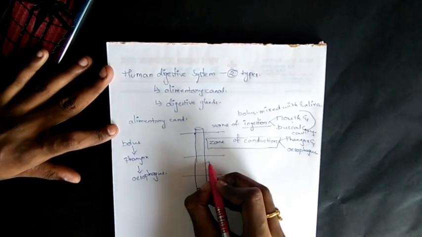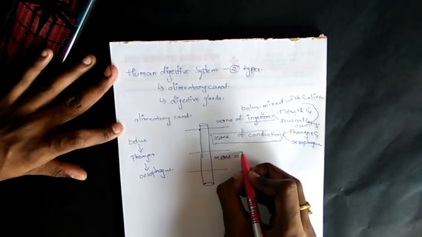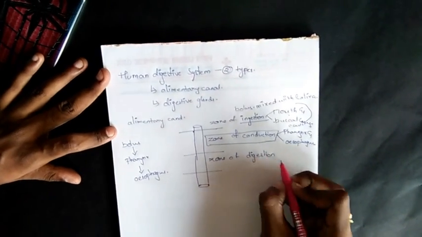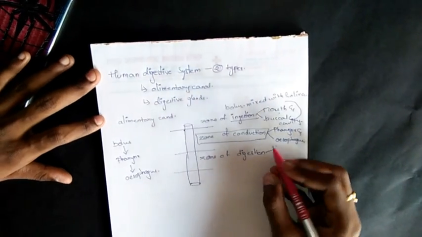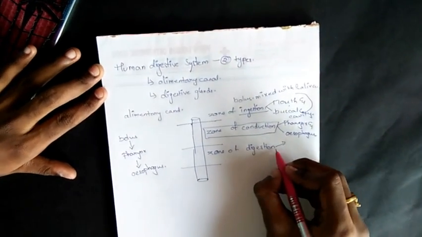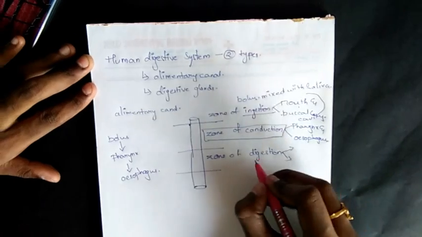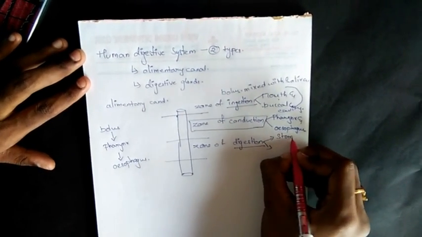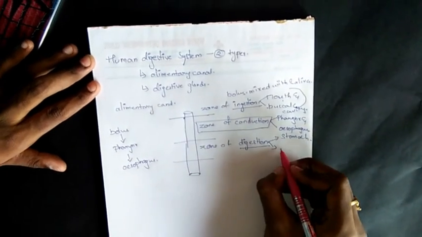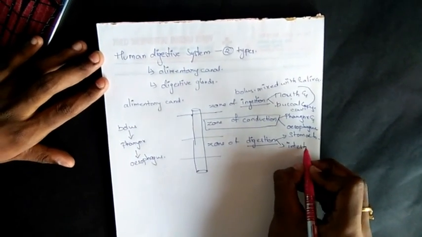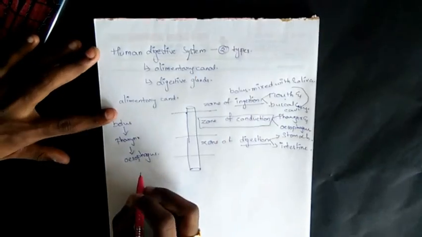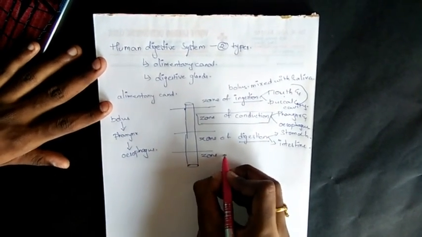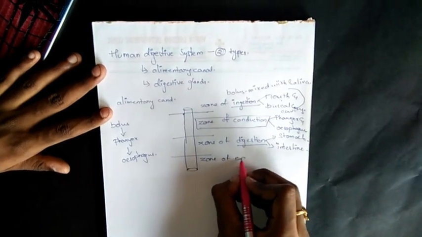And the third zone is the zone of digestion. The name itself tells that mechanical digestion and chemical digestion take place here. The parts in it are the stomach and intestine. The last zone is the zone of egestion.